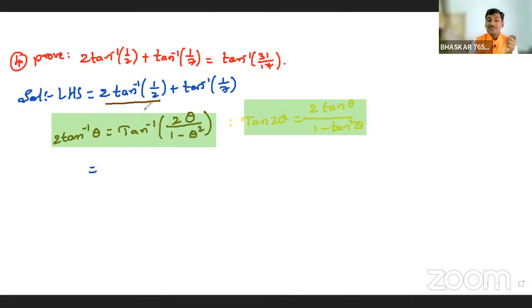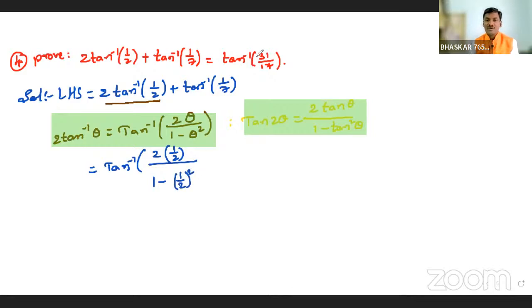This formula we are going to apply in the first part, only the first term. For the first term, we have to simplify. That means tan inverse of 2 into x, here 1 by 2, whole divided by 1 minus x square, 1 by 2 whole square.